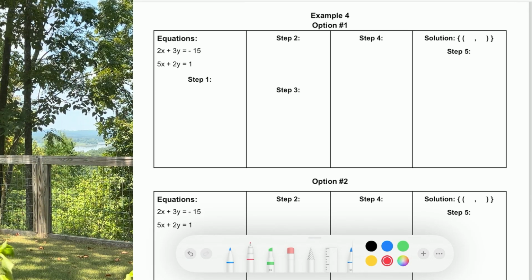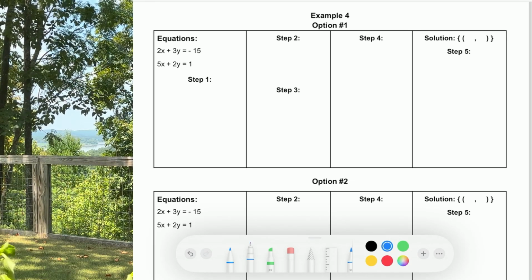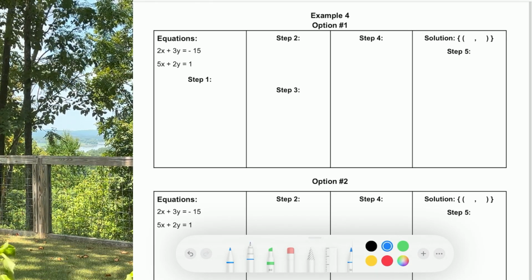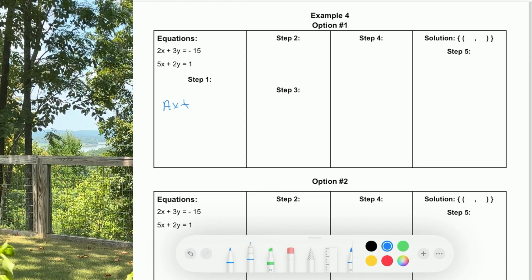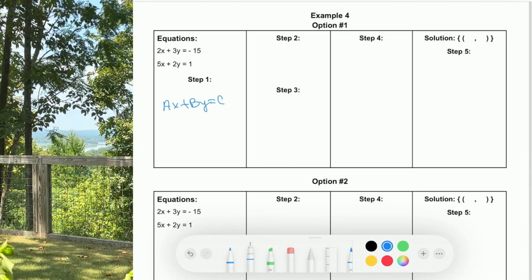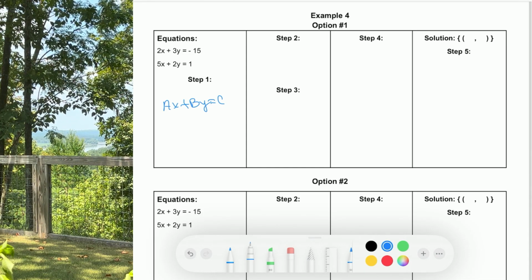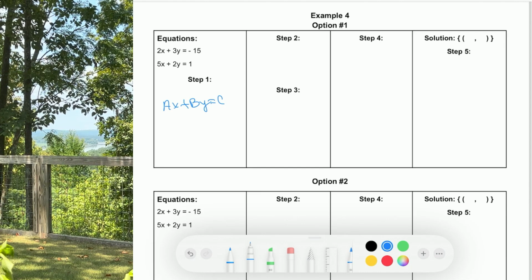We have 2x plus 3y equals negative 15, and we have 5x plus 2y equals 1. Both of them are already in the standard form. So in option 1, I'm going to go with canceling out our x's first. In option 2, when we do the problem again, I'm going to cancel out the y's, just to show you it doesn't matter. But for this one, let's start with canceling out our x's first.